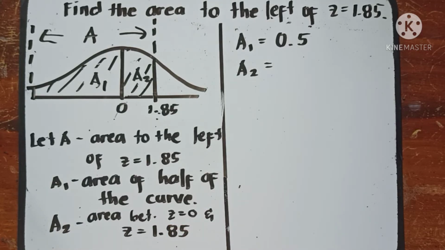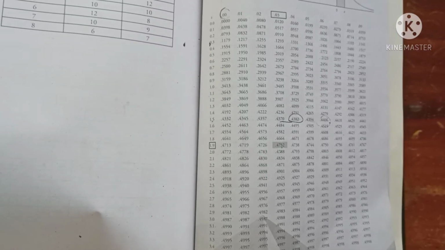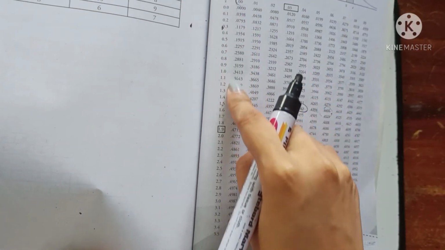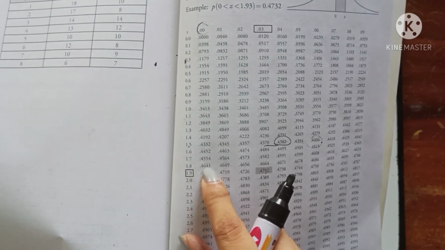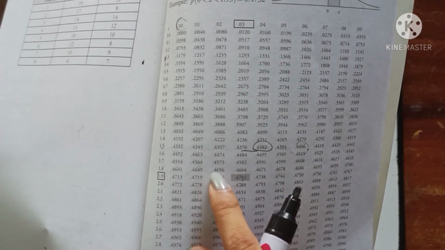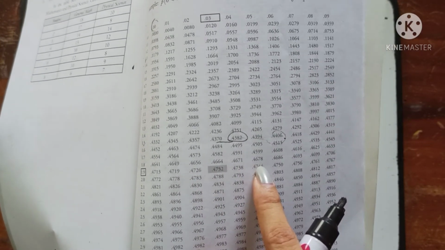So, ibig sabihin po, hanapin lang po natin sa ating z table si 1.85. Okay? So, again, sa paghahanap, hanapin si 1.8. So, 1.80, 1.81, 82, 83, 84, 85.